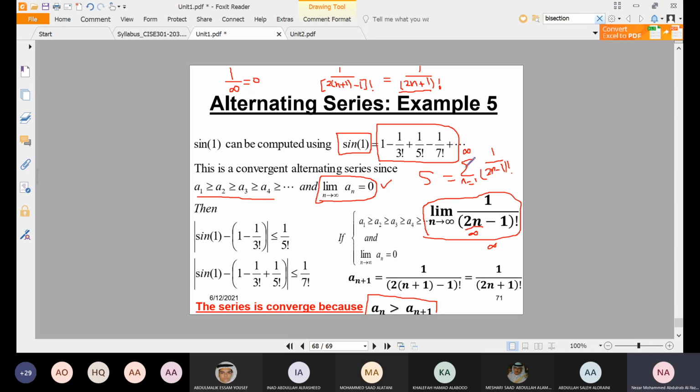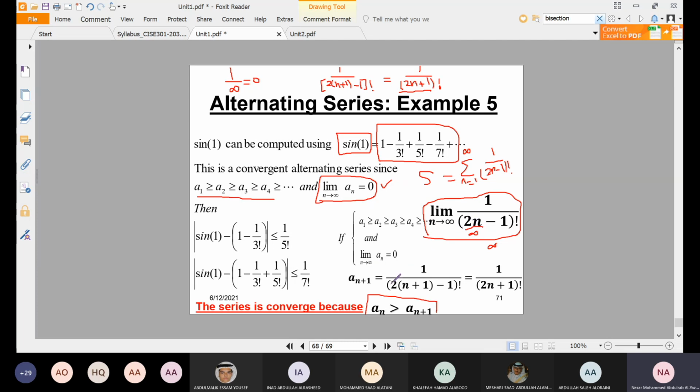So we want to get the general form of this alternating series. After that, we apply the limit as n goes to infinity of 1 over (n minus 1) factorial, where the value at the numerator equals 1. We substitute directly n equals infinity, so in this case we have this value equal to 0.